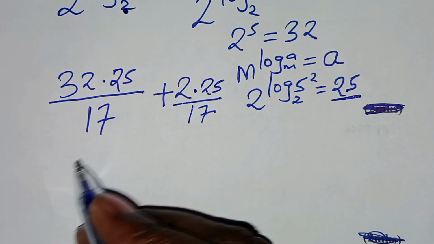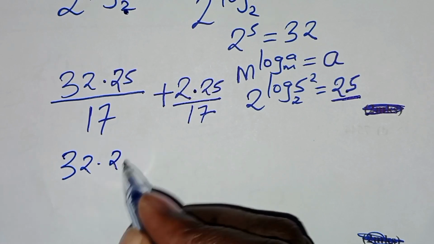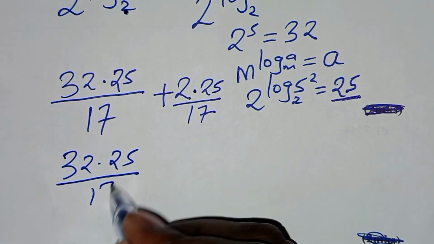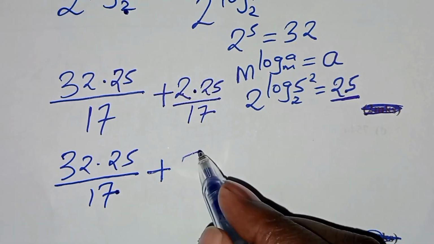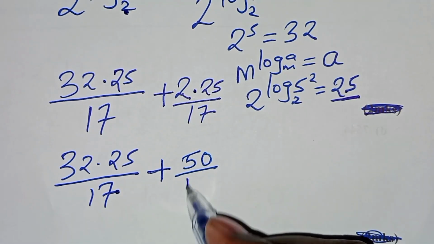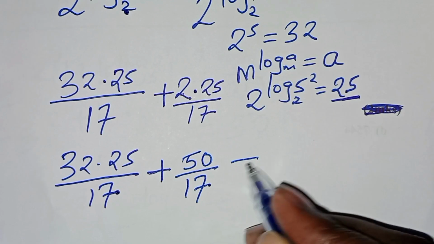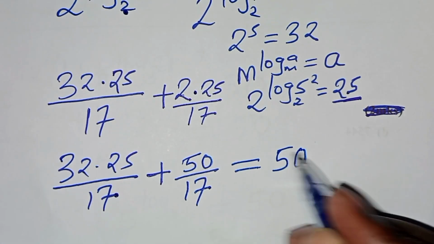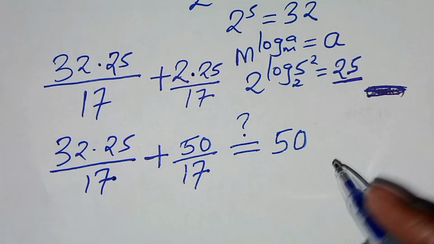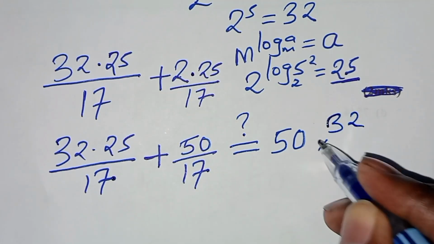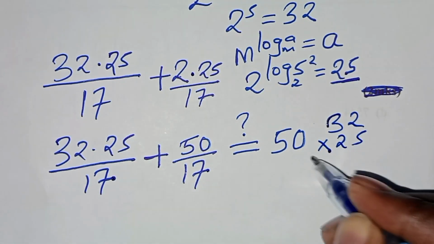So here we have 32 times 25 divided by 17 plus 2 times 25, this is 50 divided by 17. This is supposed to give us a value of 50. So here we have 32 times 25.